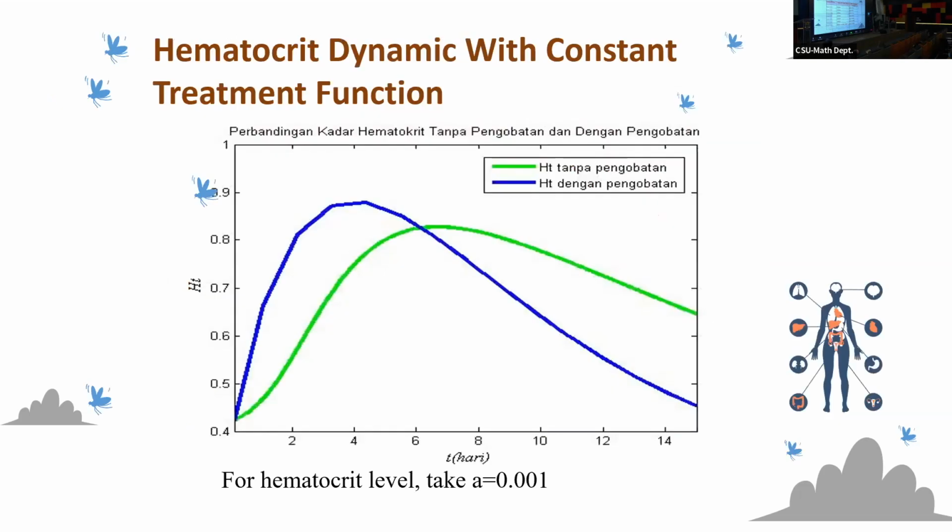Based on this result, the green one is the hematocrit without infusion supply, and the blue one is the hematocrit with infusion supply. We can see here a very fast response in the increase of hematocrit, but also a fast response in the decrease.